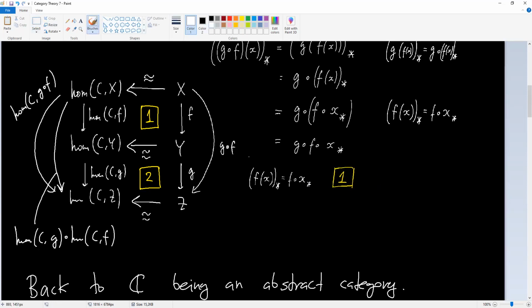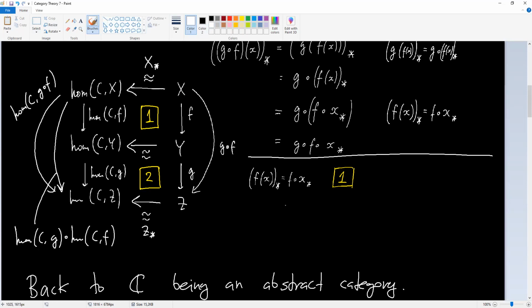So I'm going to write out algebraically what I mean. Let's give a name to this bijection. Because it's determined by x, maybe we call it x star, this bijection, and this one we can call z star.